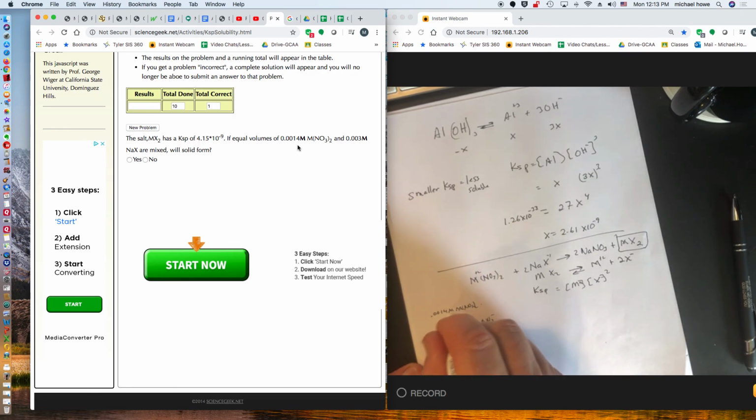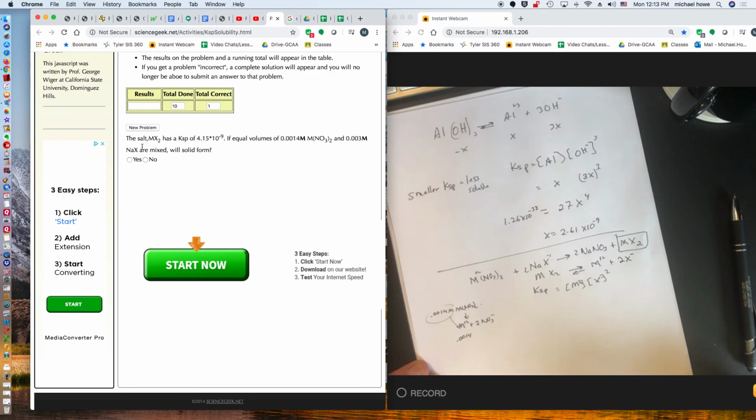So since this is a 1-to-1 ratio, whatever this is is also the M concentration, 0.0014. And that's soluble because nitrates are soluble. By the same logic, if you have 0.003 molar NaX, but there's only one Na, when NaX dissolves, it's going to turn into Na and X. So that's going to be 0.003 molar.